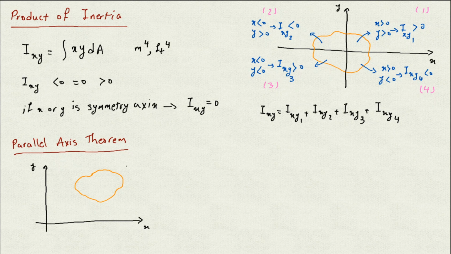For this cross section, assume the centroid of that cross section has axes going through it, x prime and y prime. It says that if I know the value of the product of inertia Ixy about x prime and y prime, then from those I can calculate the product of inertia about x and y, similar to what we have for the moment of inertia.